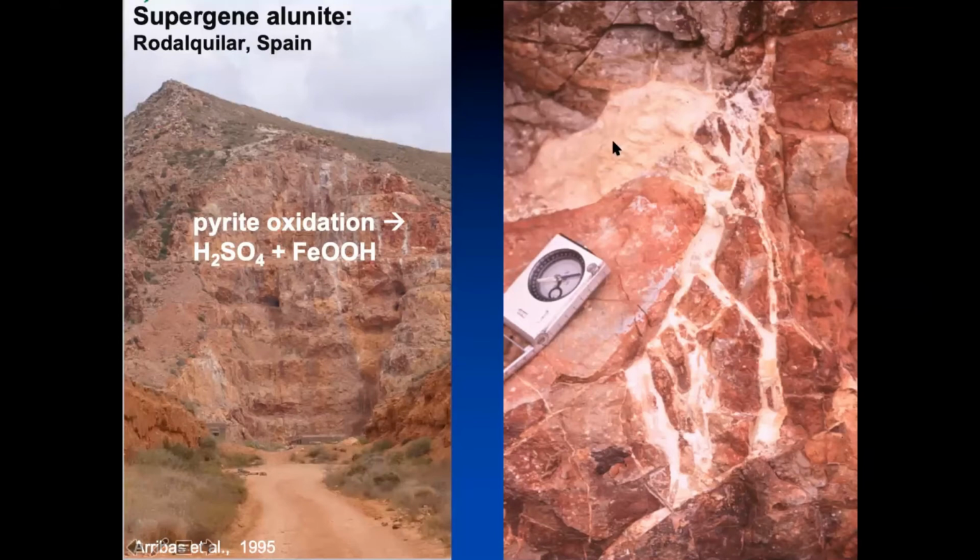And here, the alunite often is forming in fractures, but because it forms at low temperatures, it has very, very fine crystals, as opposed to the large alunite crystals that form in higher temperature, hypogene, lithocap situations.